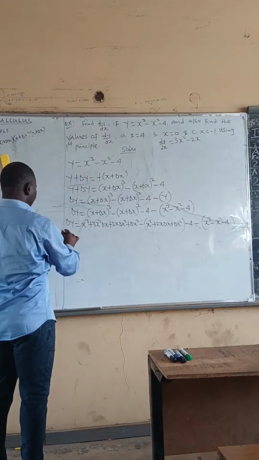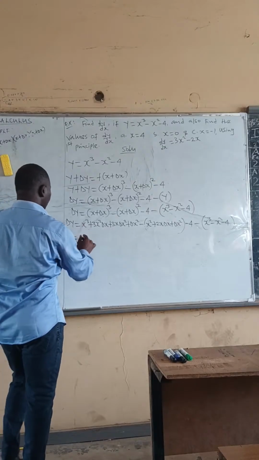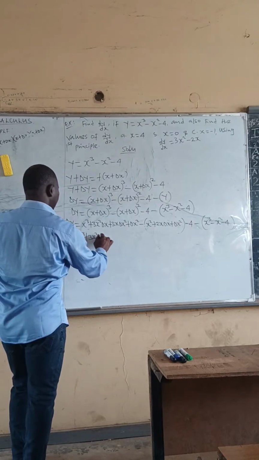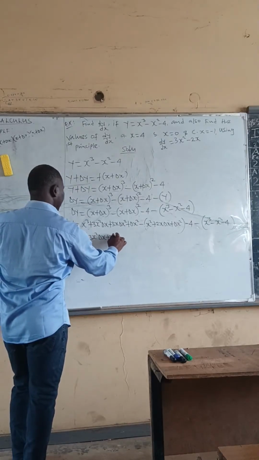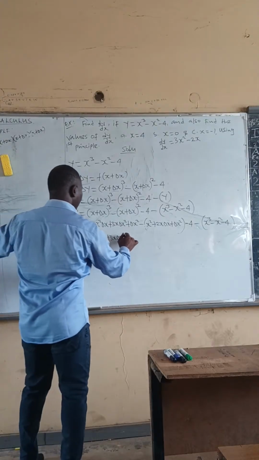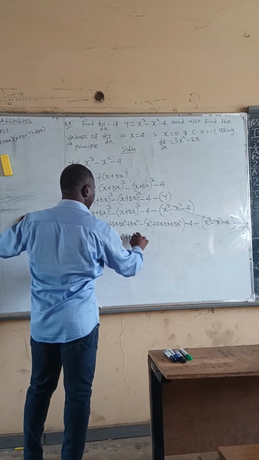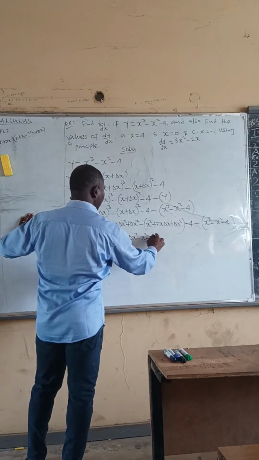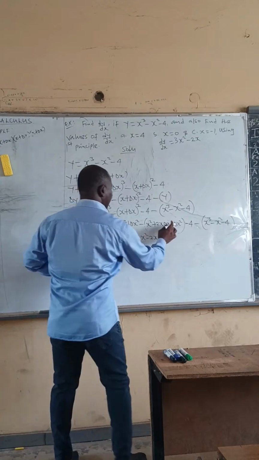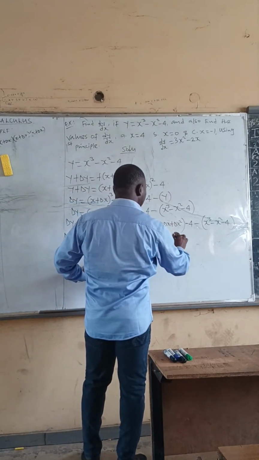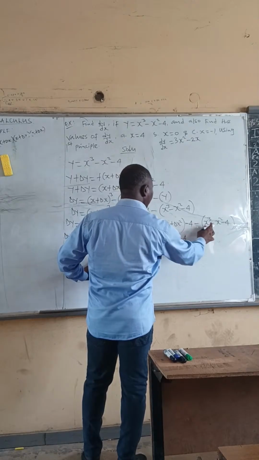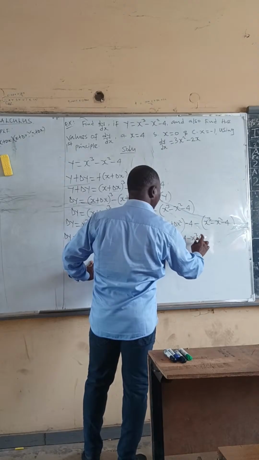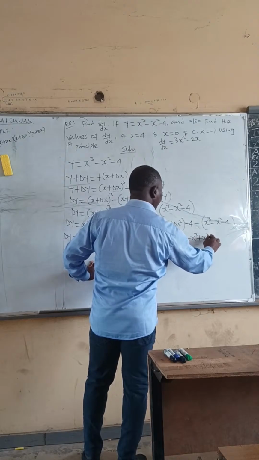So here, supposed to be y equals x raised to the power 3 plus 3x squared dx plus 3x dx squared plus dx cubed. Open this bracket minus x squared minus 2x dx minus dx squared, right? Minus 4, open this bracket minus x raised to the power 3 plus x raised to the power 2 plus 4.